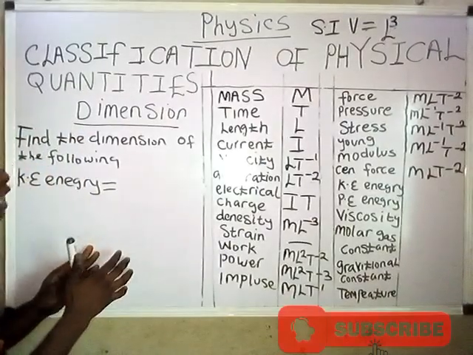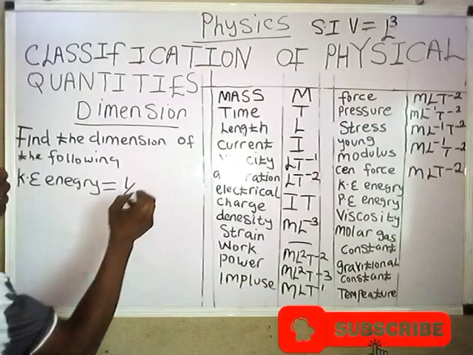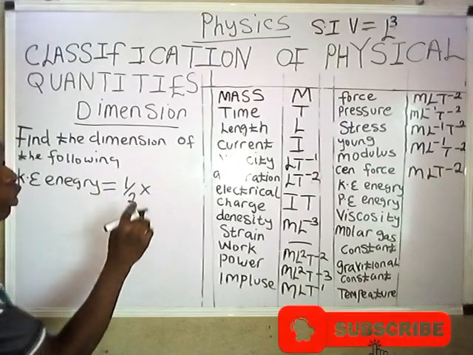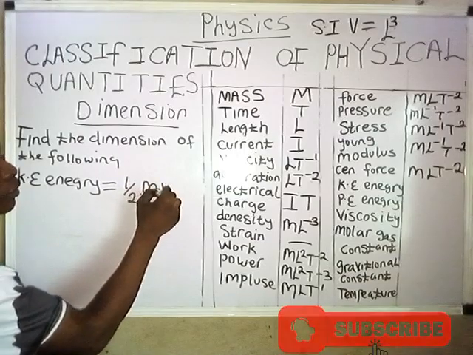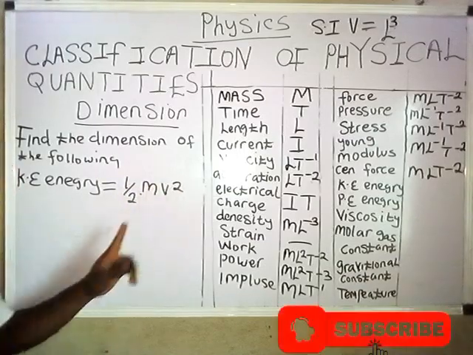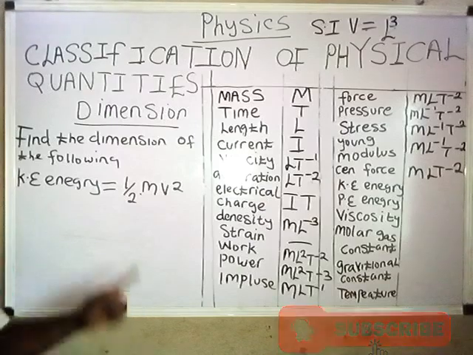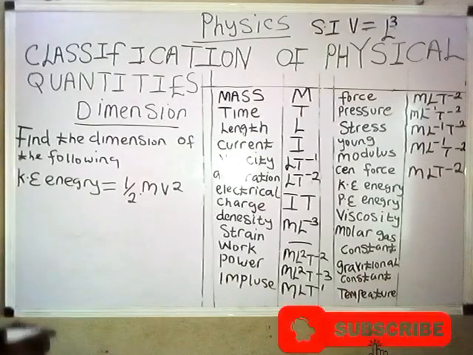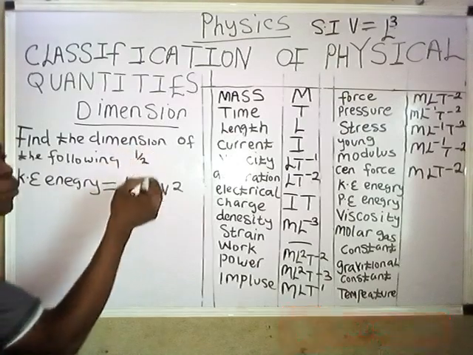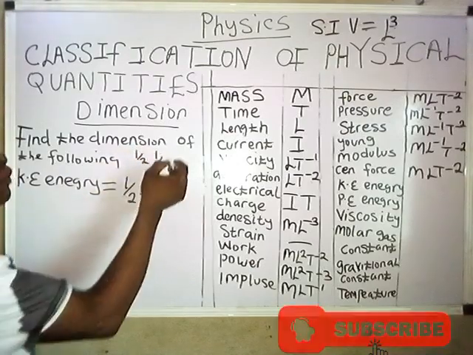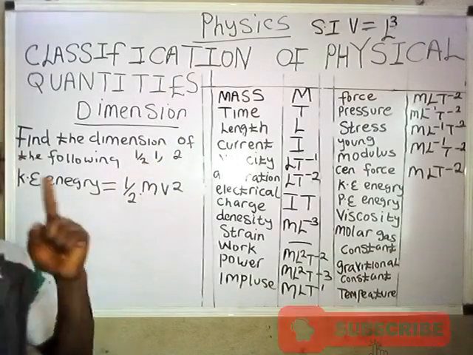The formula for kinetic energy is half, or 0.5, times mv square. So this is the formula for kinetic energy. And note that in dimension, any number, be it half, 1, or 2, is always equal to 1.